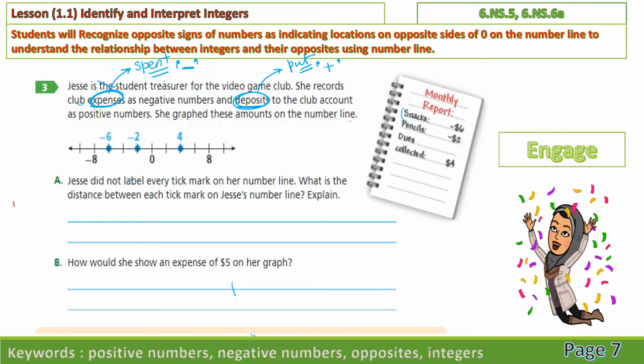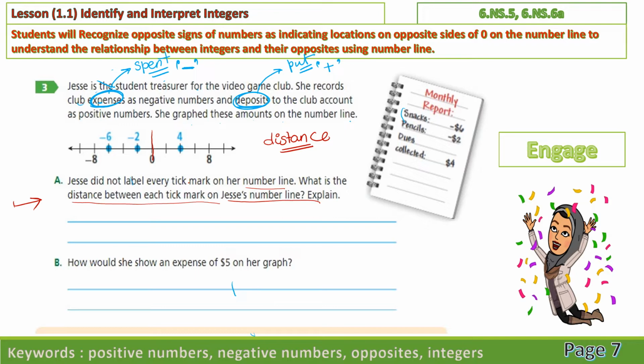Now Jessie did not label every tick mark on her number line. What is the distance between each tick mark on Jessie's number line? Okay, now look at this 0. Normally when we mark something, it is actually the distance, right? How much is the distance of that mark from the zero?